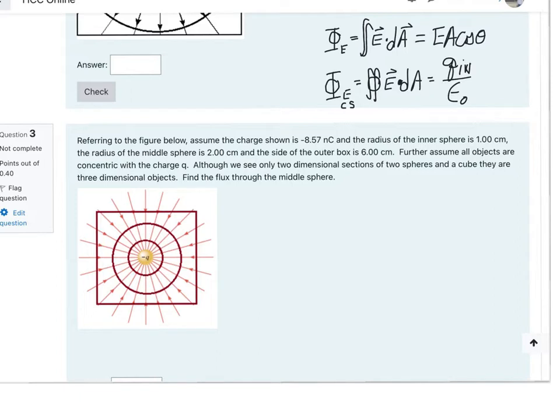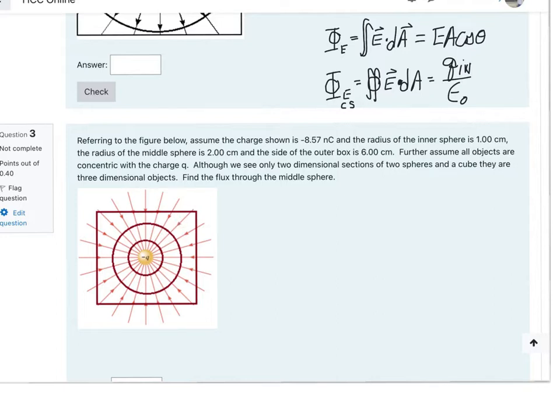Well, if you remember from the last one and you understand this, the number of field lines, whatever it is, looks like more than 20 now. The number of field lines that passes through this sphere is the same as the number that pass through this sphere, and the same as the number that pass through the box. So the flux is the same. Why is it the same?